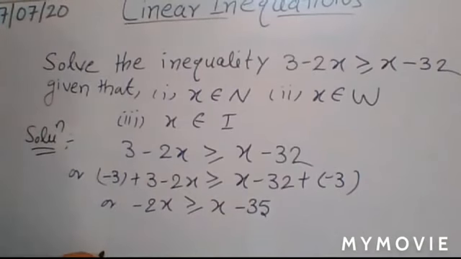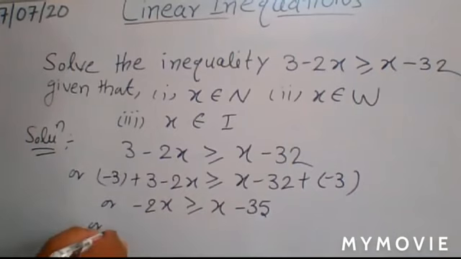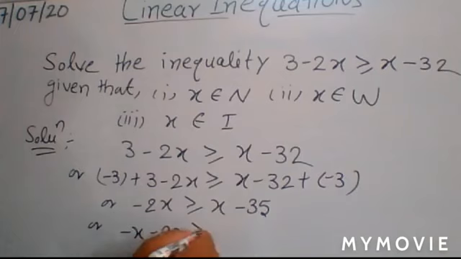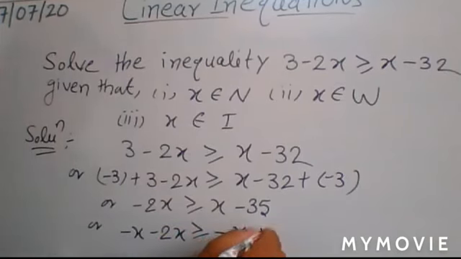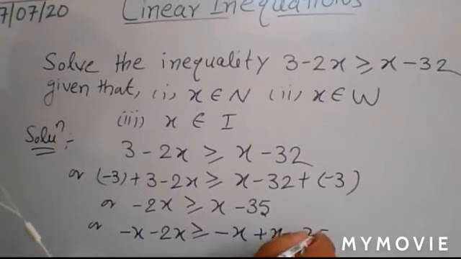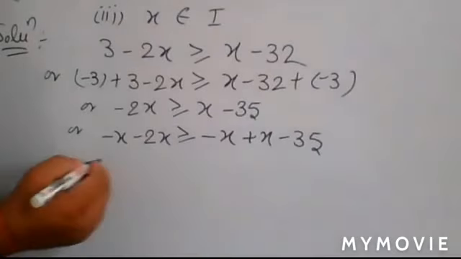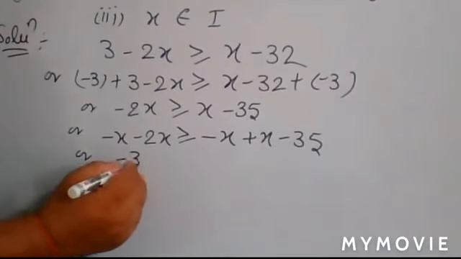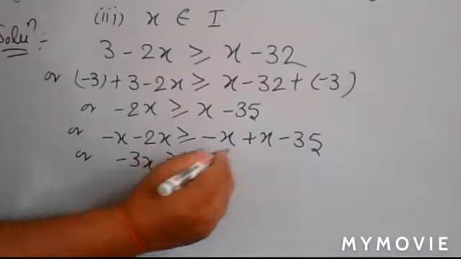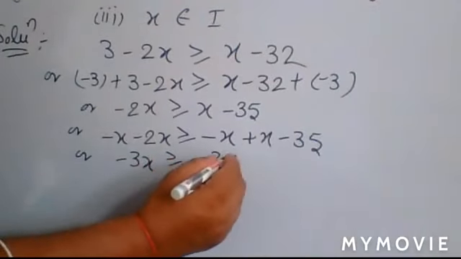You have to write it in this way. Now you add minus x on both sides. So you have minus x minus 2x, that is greater or equal to minus x plus x minus 35. In this way your left side is minus 3x greater or equal to minus 35.